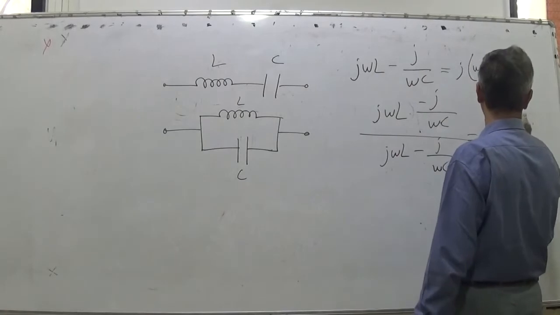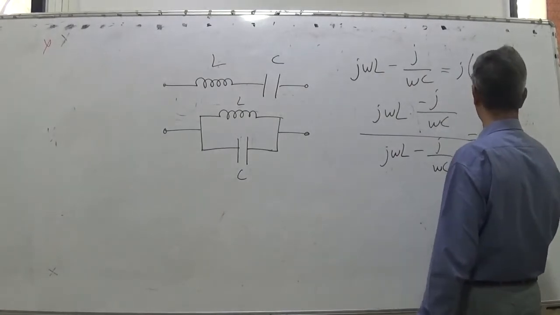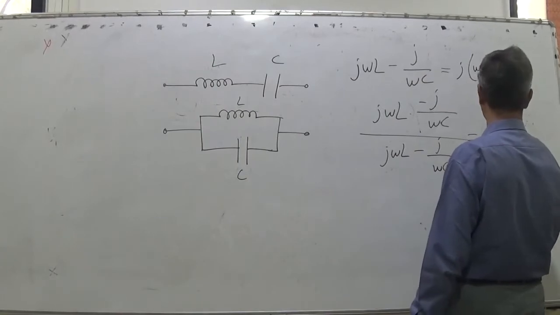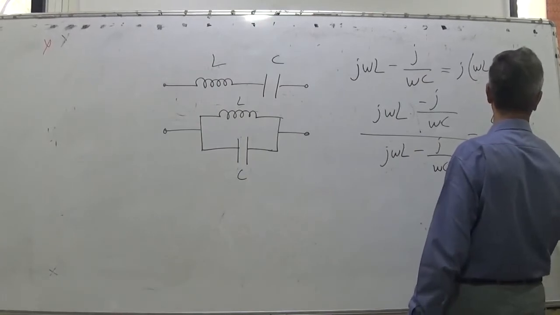This turns out to be L upon C, and the denominator is j into bracket omega L minus 1 upon omega C.